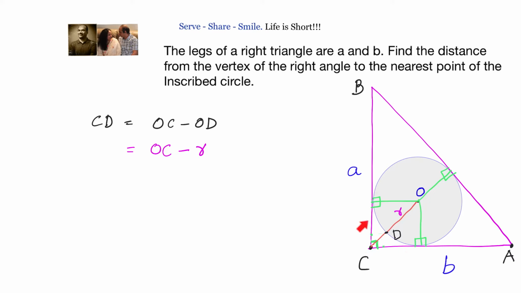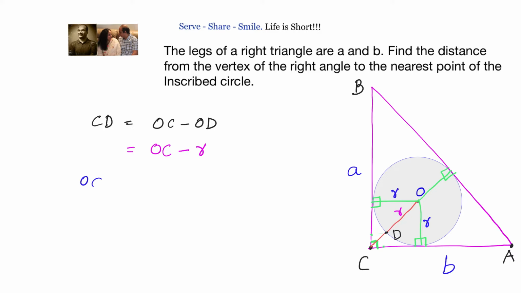Because we know these two lengths are equal to R, and we have all angles 90 degrees with two adjacent sides of equal length. That means it is a square. So a square means all the sides are equal. So we have R here, and R here.